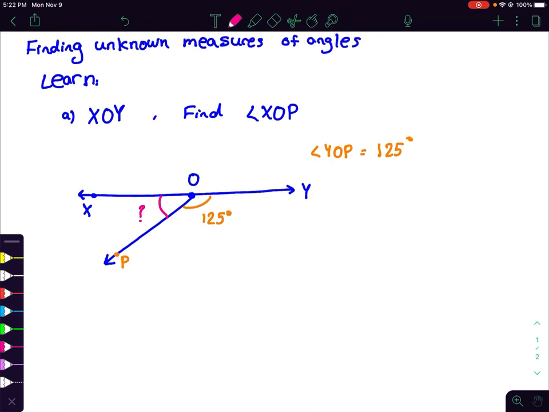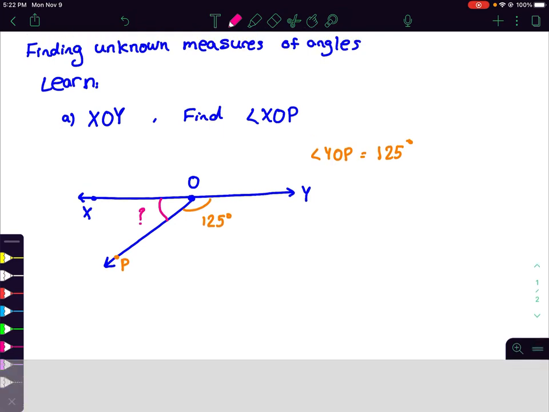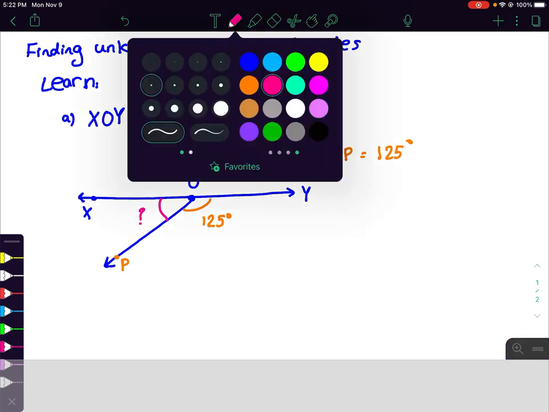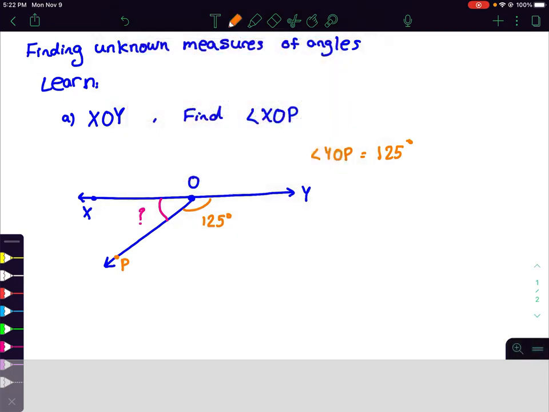We have to use and remember the rule that I was teaching you in the last lesson. The rule that we learned in the last lesson is that the total angles in a line is how much? 180 degrees.